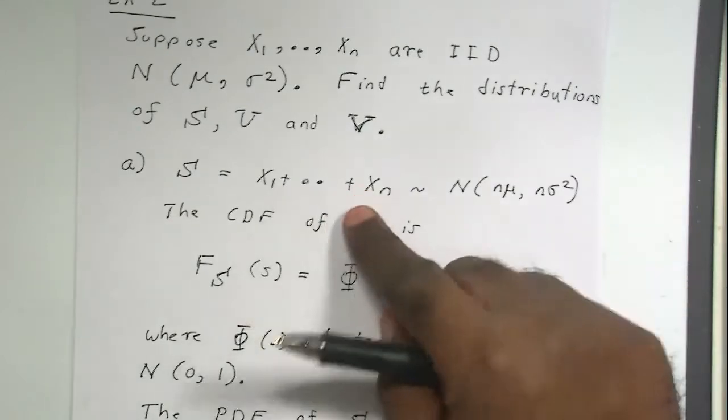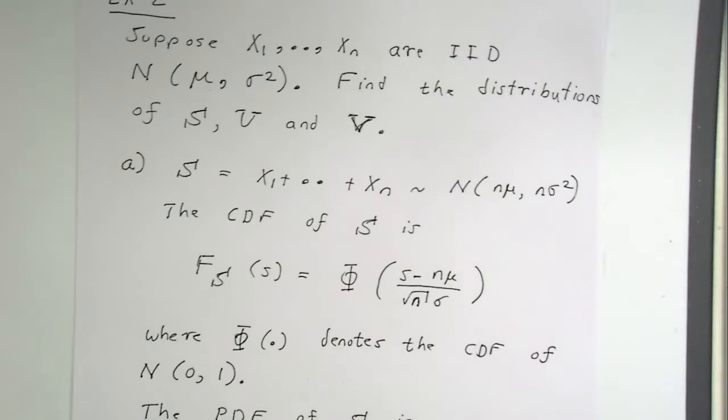Because you have n variables. S is the sum of x1 up to xn, so when you take the variance of S, it will be the sum of the variances of the x's. Each variable has variance sigma squared, and you have n of them, so the variance of S will be n sigma squared.